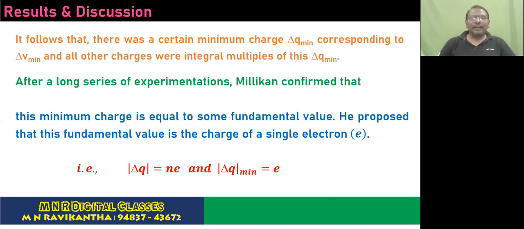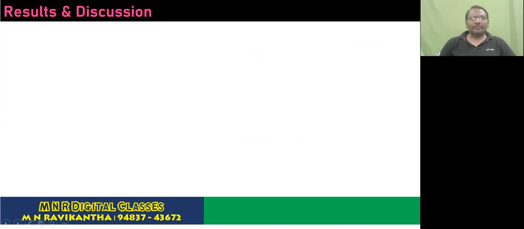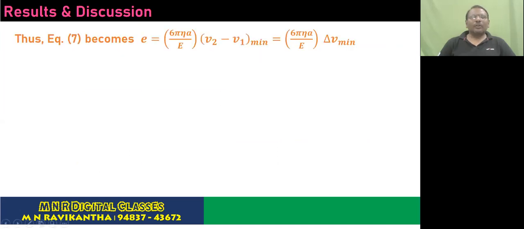When we take this delta Q minimum, that corresponds to the charge of 1 electron. So equation 7 now becomes delta Q minimum is equal to 6 pi eta A by E into V2 minus V1 minimum. So the minimum value of delta Q is taken as the fundamental unit of charge, that is, the charge of electron E.